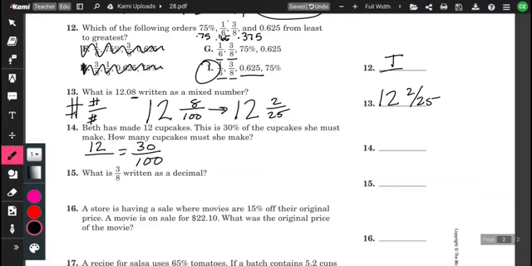So we simplify 30 over 100, which gives us 3/10. From 3 to 12, we multiply by 4. Same thing here, multiply by 4, and that will give us 40. So our answer for number 14 should be 40.